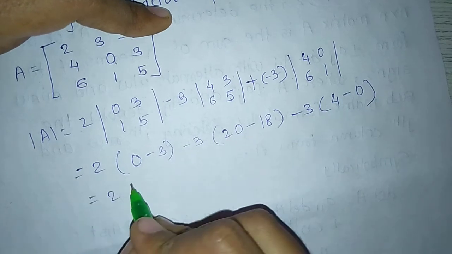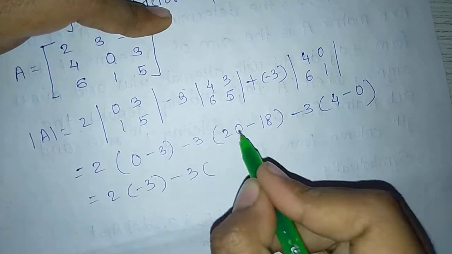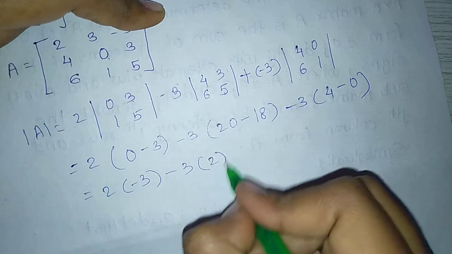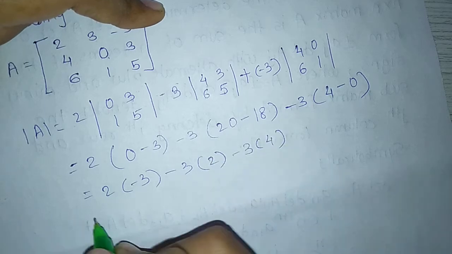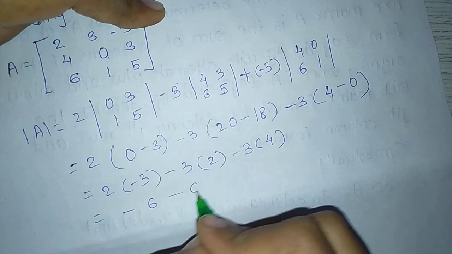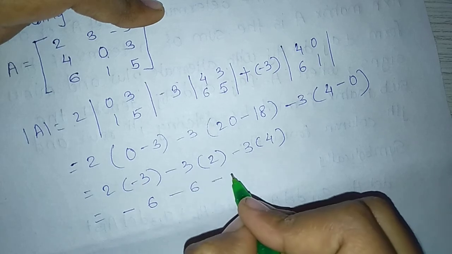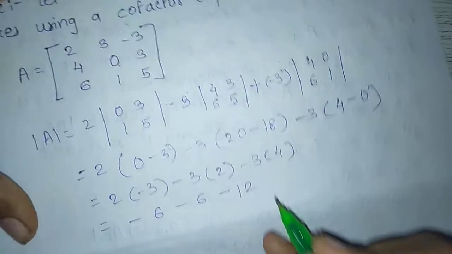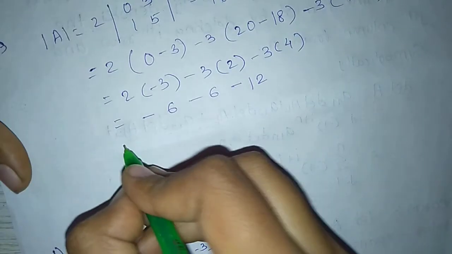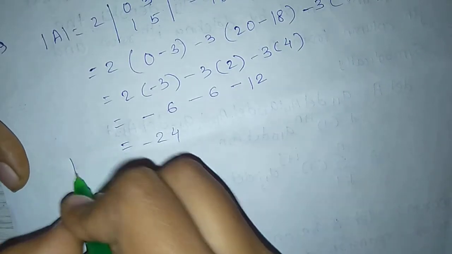Equal to 2 into minus 3, 20 minus 18 is 2, minus 3 into 4, equal to minus 6 minus 12, which is equal to minus 24. So determinant of A equals minus 24.